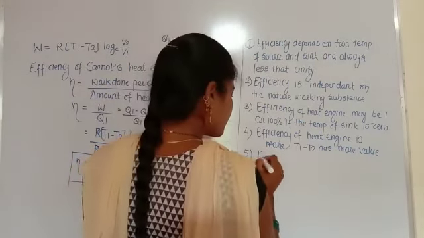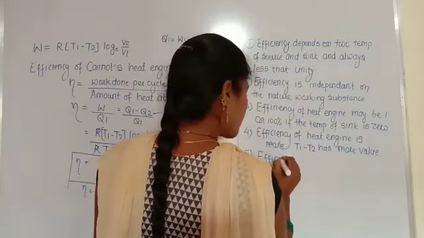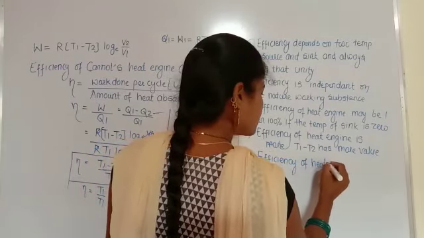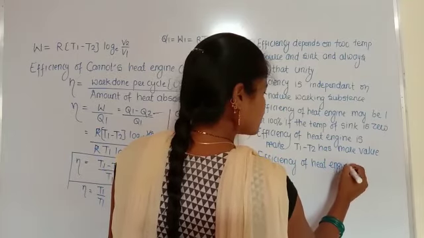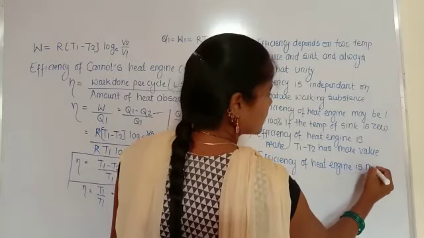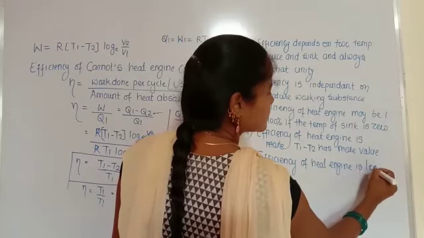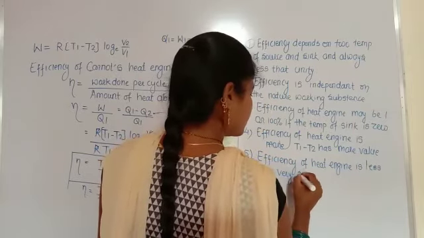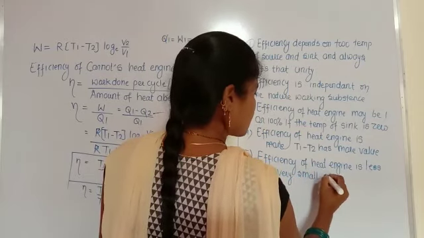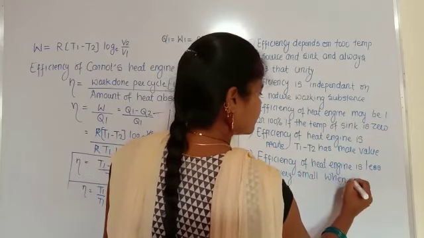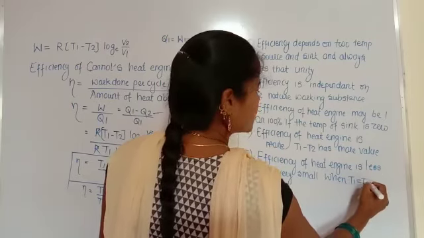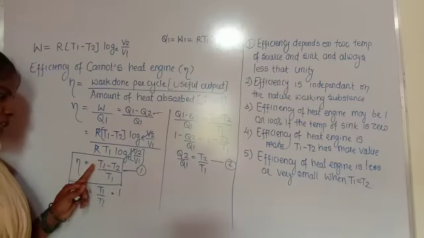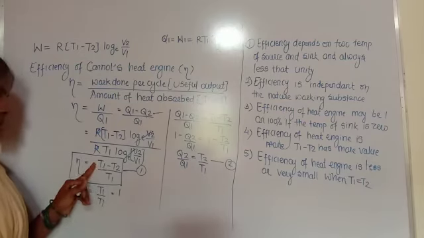Fifth point, the efficiency of a heat engine is less, or very small, when T1 is equal to T2. If we take T1 equal to T2, then the numerator has a low value.